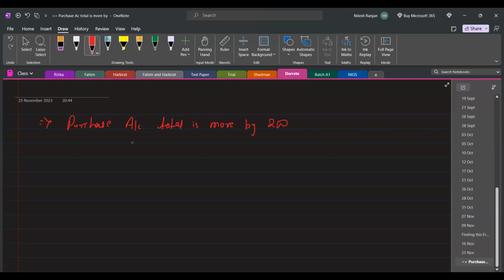Let's say the total of purchase account is more by 200. More by 200 means extra. Or it will be written like this: purchase account is overcasted by 200. So the meaning is the same, that the total is more by 200.